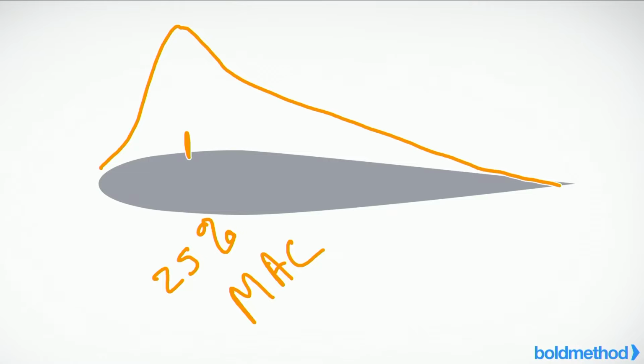You just measure from the tip to the tip, and you would measure your entire airfoil and then average those distances out, and then you end up with MAC, or mean aerodynamic chord. And in subsonic flight, this point right here, what you can call the center of lift or the center of pressure, that's going to happen right about 25% of mean aerodynamic chord.